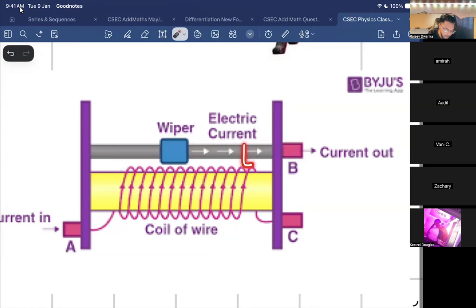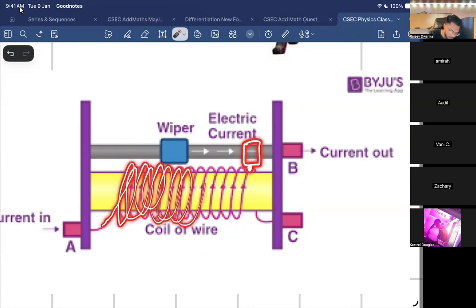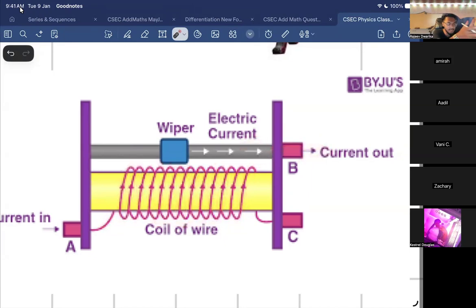If I put the wiper over here though, the current had to go all the way around, and then it would be able to come through. So the resistance over there is actually going to be a lot more. So by sliding this wiper along the coil of wire, we're creating a variable resistor. Depending on where I put the wiper, I'm going to get different resistances.